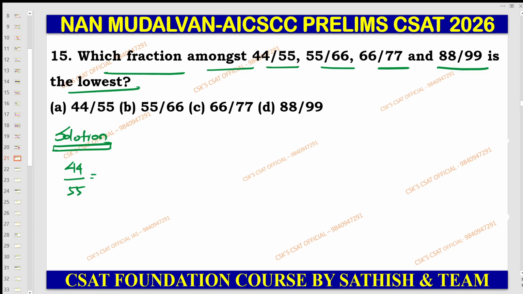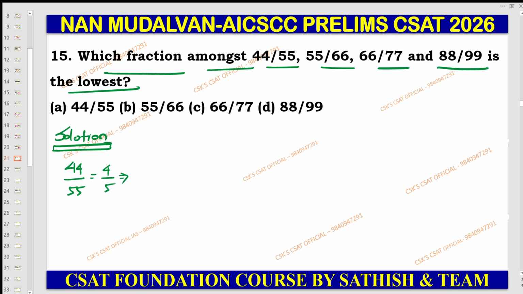44 by 55. Right, can I write it like this? If you write like this, I know the basic mathematics part. You also assume yourself to be knowing the basic mathematics.